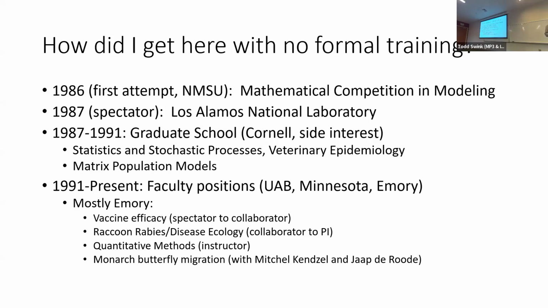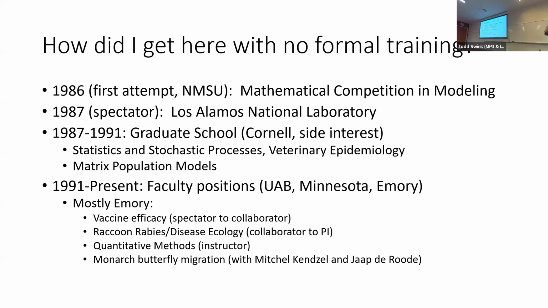The raccoon rabies project that Yop mentioned last week got me interested in disease ecology in the PPE program. We were looking at the space-time spread of this strain of rabies. Then I taught the quantitative methods class, where we did SIR models a lot, and now Yop and I are working with Mitchell on his dissertation using agent-based models in monarch butterfly migration.